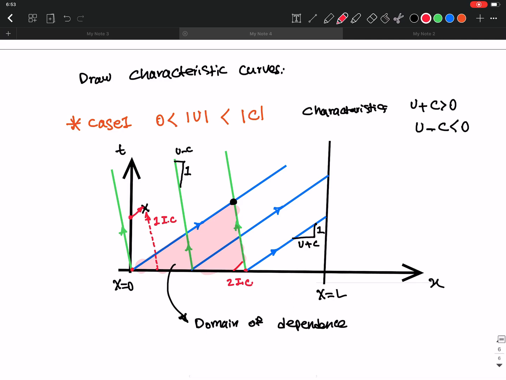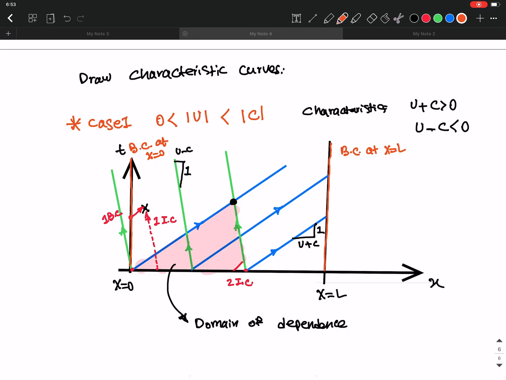So this line here is your boundary condition at x equal to 0, and here is your boundary condition at x equals L.